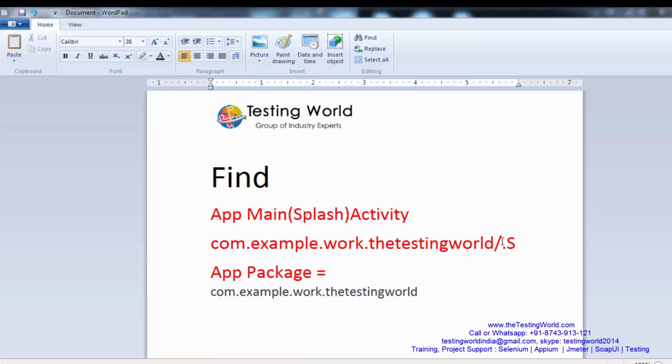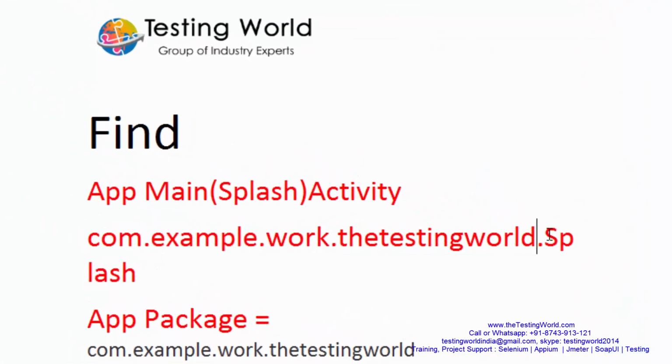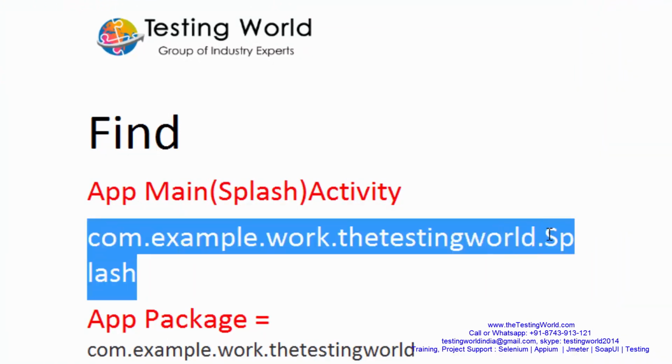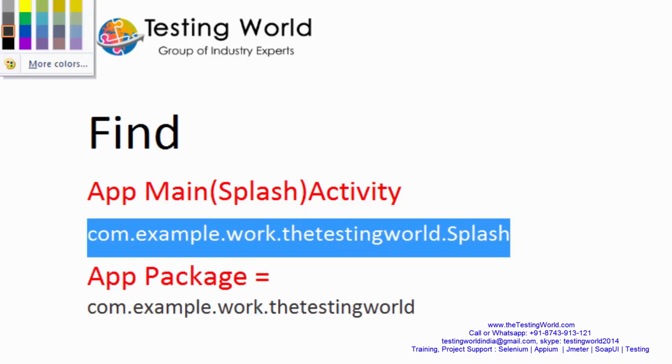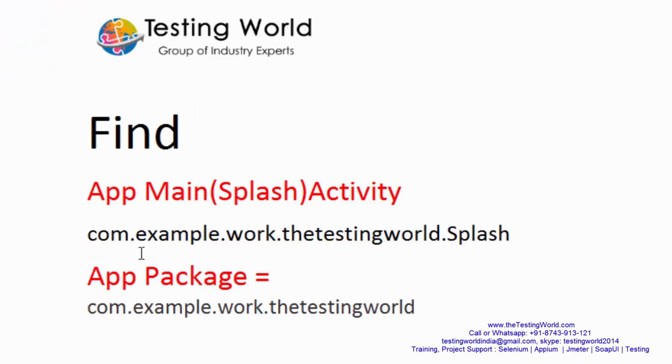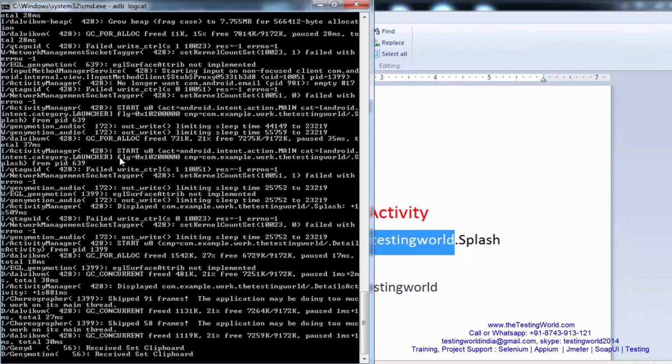So here the developer set it like this: if there is a slash we need to remove that, and whatever part is remaining, that is my main activity. So if I give you an example, here my main activity is this. If you notice here, that's my activity, or I'll say the main activity.